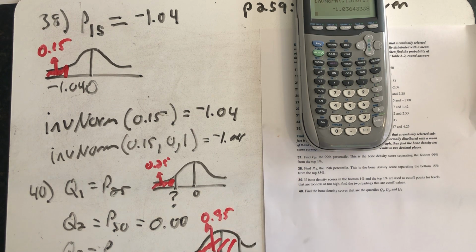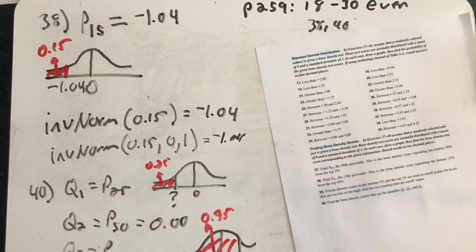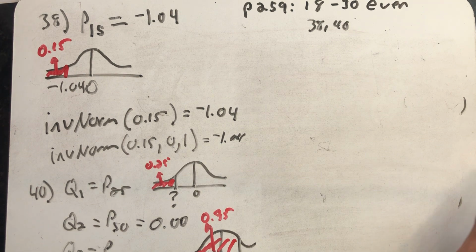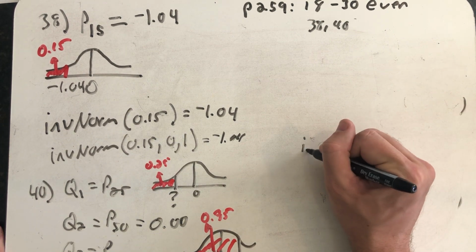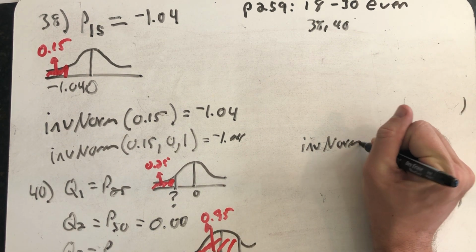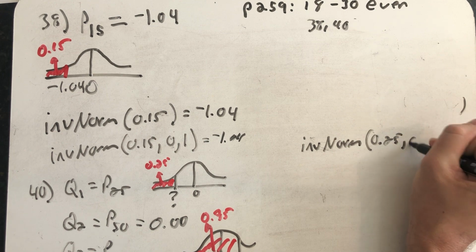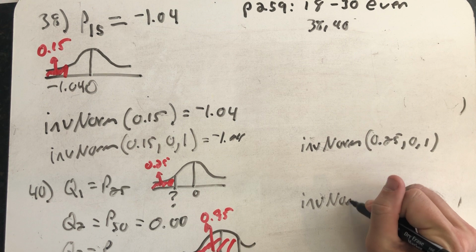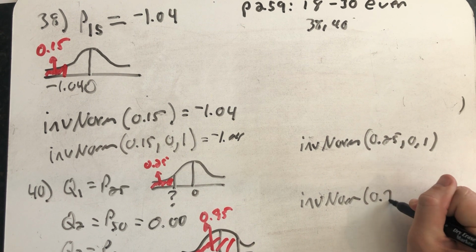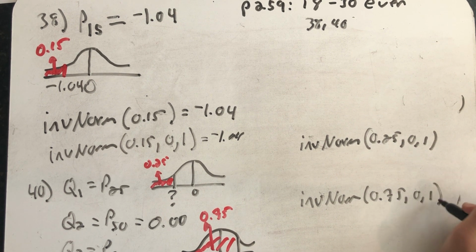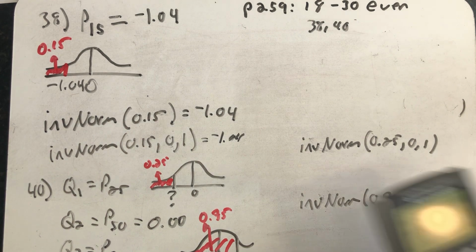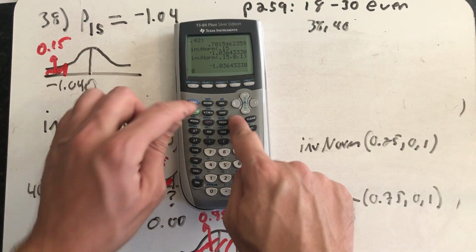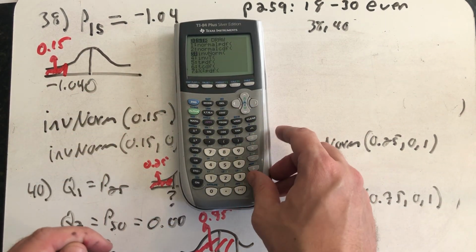All right, well, we can use inverse norm to find those probabilities. We first need to type in a 0.25. We then need to type in inverse norm and a 0.75. And then we'll round to 2 decimal places as requested.